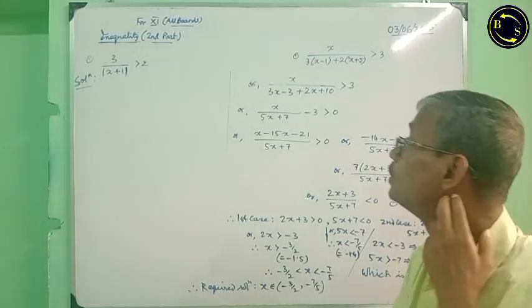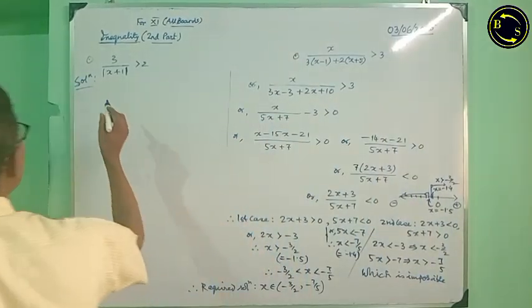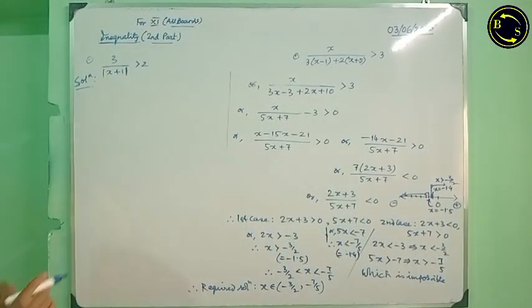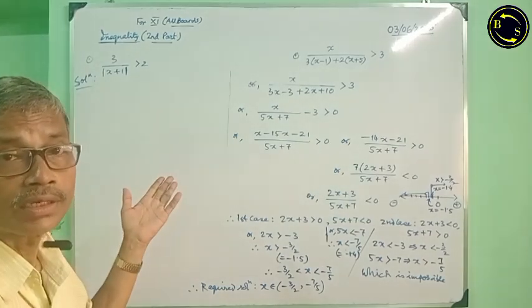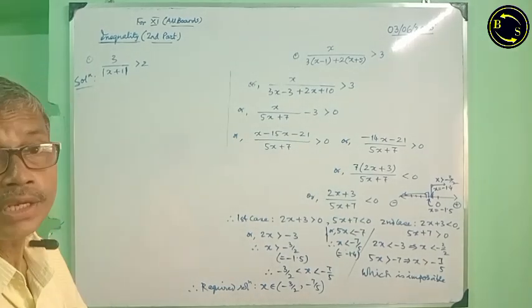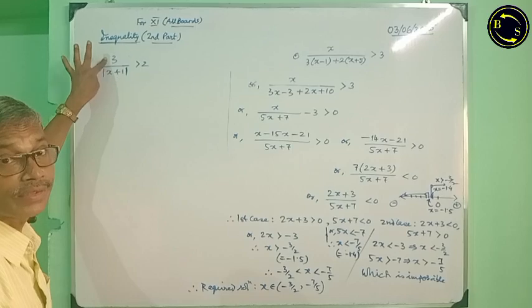First you note that modulus of x plus 1 is at the denominator. Now numerator is constant.